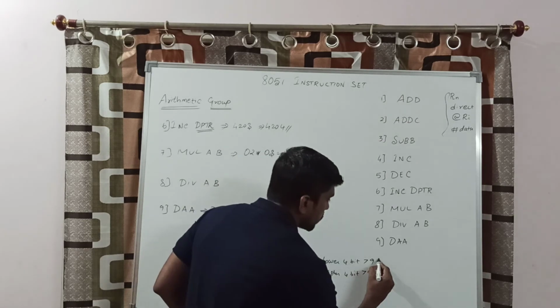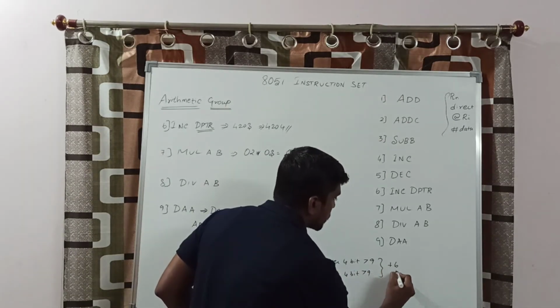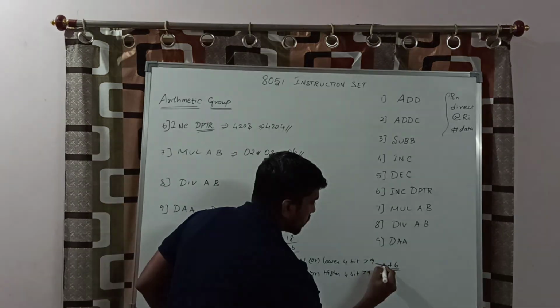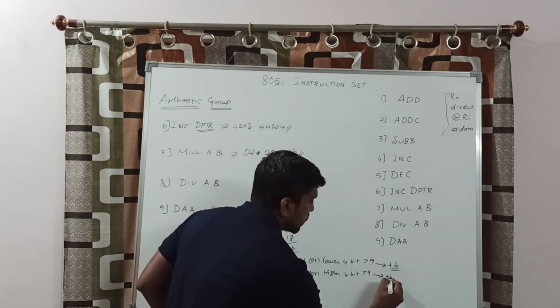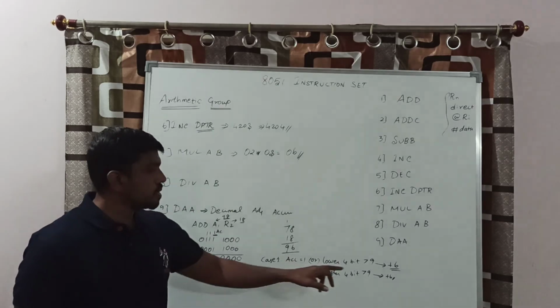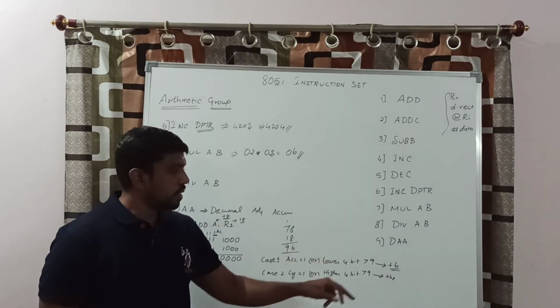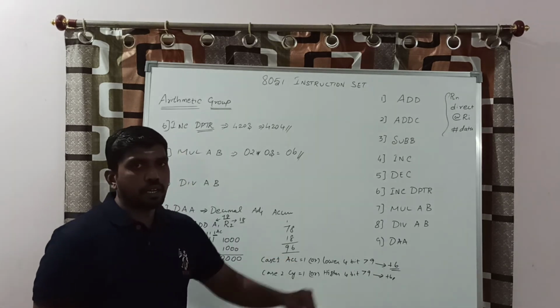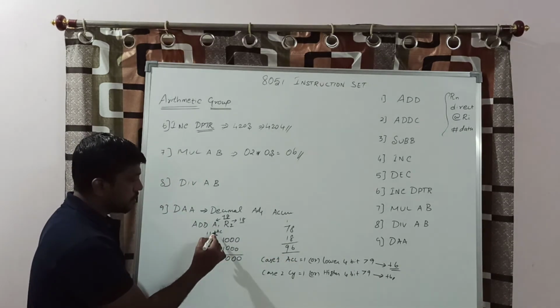In this case, you add plus 6 in both cases. In the first case, add 6 in the lower nibble, and in the second case you add plus 6 in the higher nibble.